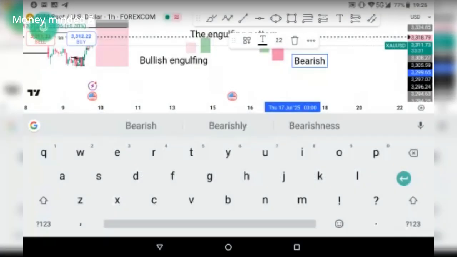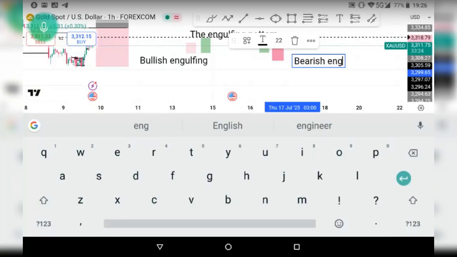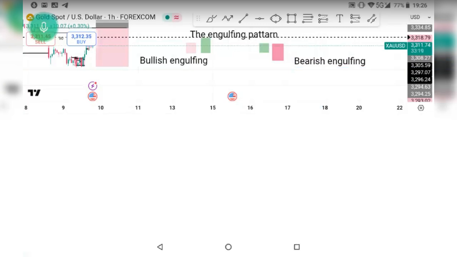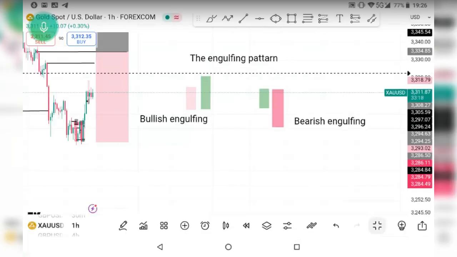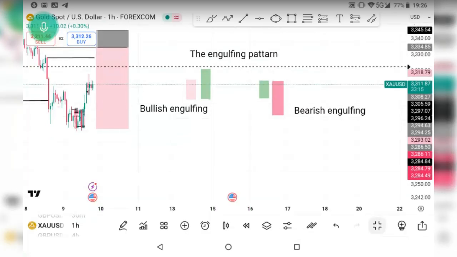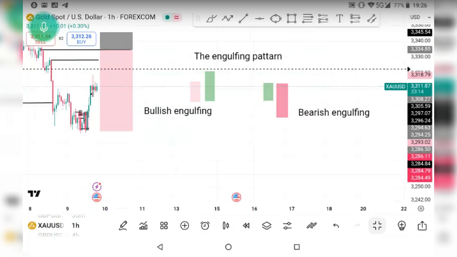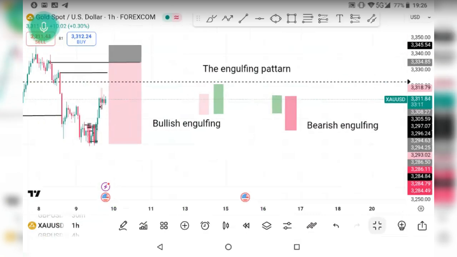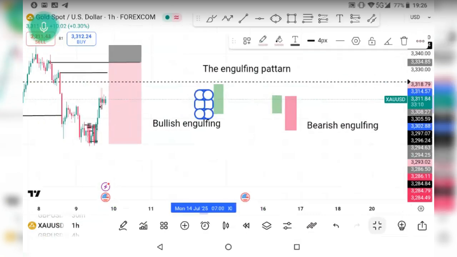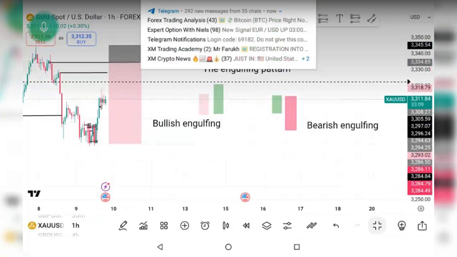Bearish engulfing. So this is the bearish engulfing, and this is the bullish engulfing, and this is the bearish engulfing.